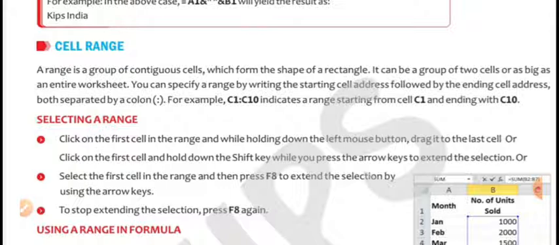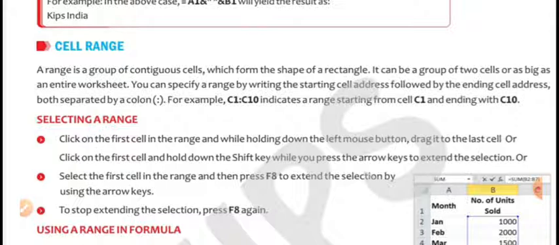Next, click on the first cell and hold down the shift key while you press the arrow keys to extend the selection. You can use this way also. That means you click on the first cell from where you have to start.